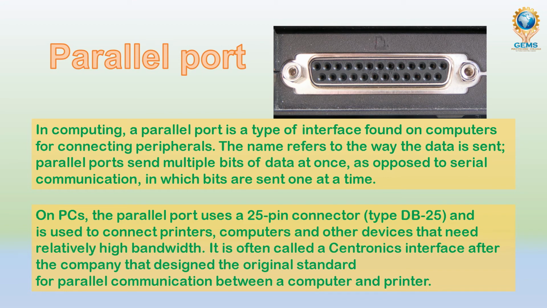But in a parallel port, multiple bits can be transferred at the same time, or at once. In a serial port, we can't send multiple bits, a maximum of one bit at the same time to a location, but in a parallel port, we can transfer multiple bits of data at the same time.